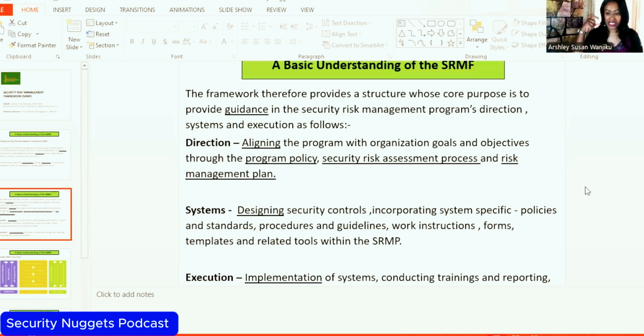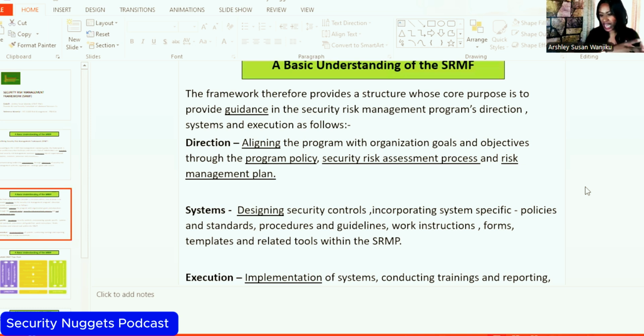And now we go to the systems, which is very critical as well, because it entails designing security controls, incorporating security-specific policies and standards, procedures and guidelines, work instructions, form templates, and related tools within the security risk management program. As security professionals, you know that implementing mitigation strategies is a whole process of designing how it is going to be implemented.